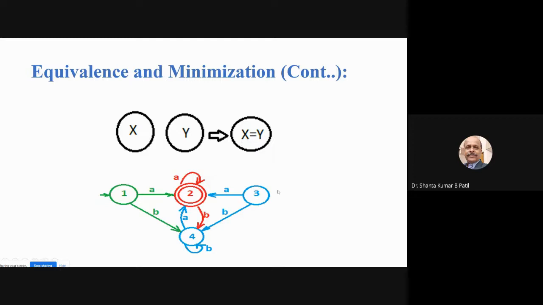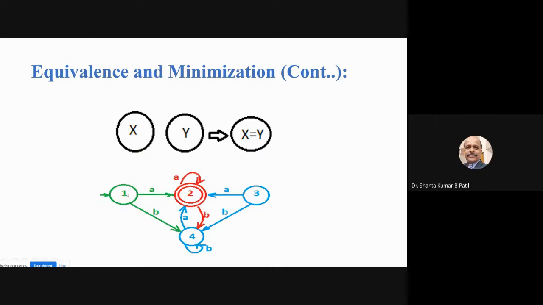For example, you can take this finite automata. So almost you can see this 1 on a to the 2, and it is a non-final state. 3 on a to the 2, it is also non-final state. 4 on a to the 2, non-final state. 4 is also a non-final state.